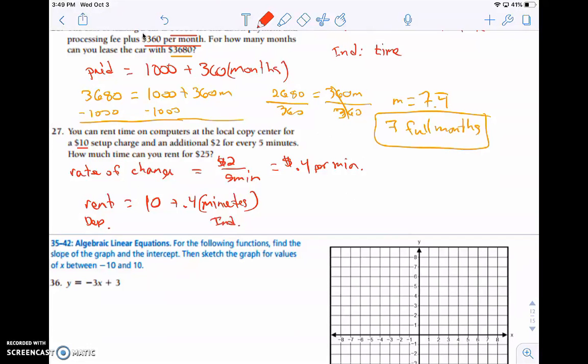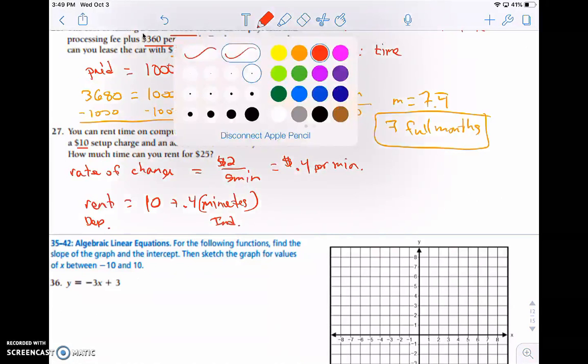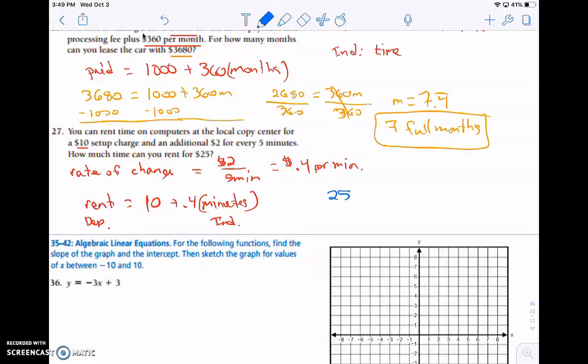So if we have $25, I'd say 25 equals 10 plus 40 cents times the number of minutes. And then I would just start solving my equation. Subtract 10, I'll get 15 equals 0.4 m. Then divide by 0.4, and you'll get m equals 37.5, and our time here is minutes.